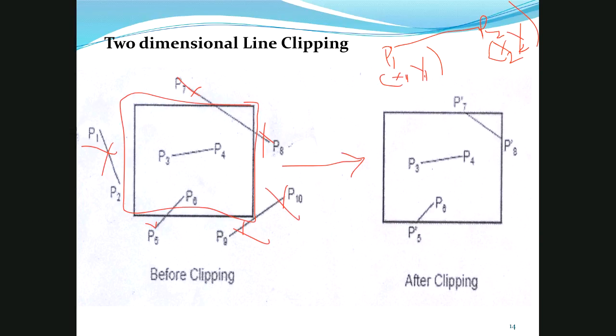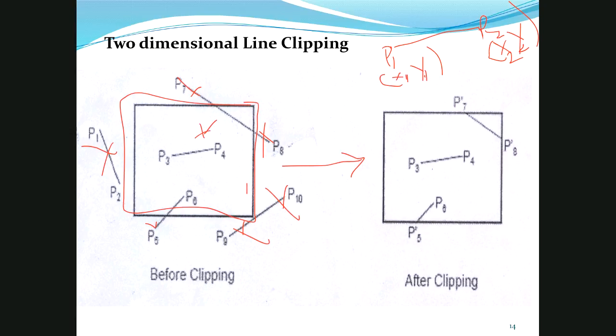So remember, if you want to perform the line clipping algorithm, the important point is that whatever lines are present inside the boundary can be shown in the output. So you make one boundary, for example, this is your boundary, and inside this boundary is your output.